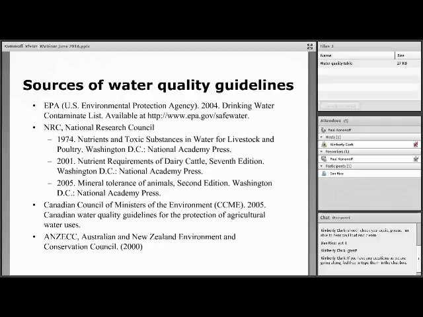So keep in mind the EPA are great guidelines, but they are related to humans with unique sensitivities. They also tend to be a little on the conservative side, if I may say so. So trying to transpose that to livestock, we have to be a little careful. There's also been some recent guidelines that have been updated both out of Canada as well as Australia and New Zealand.